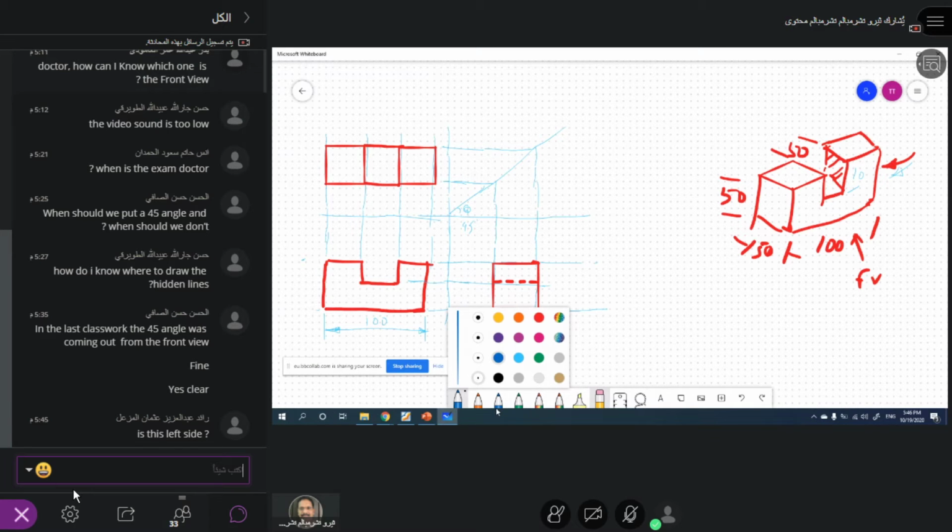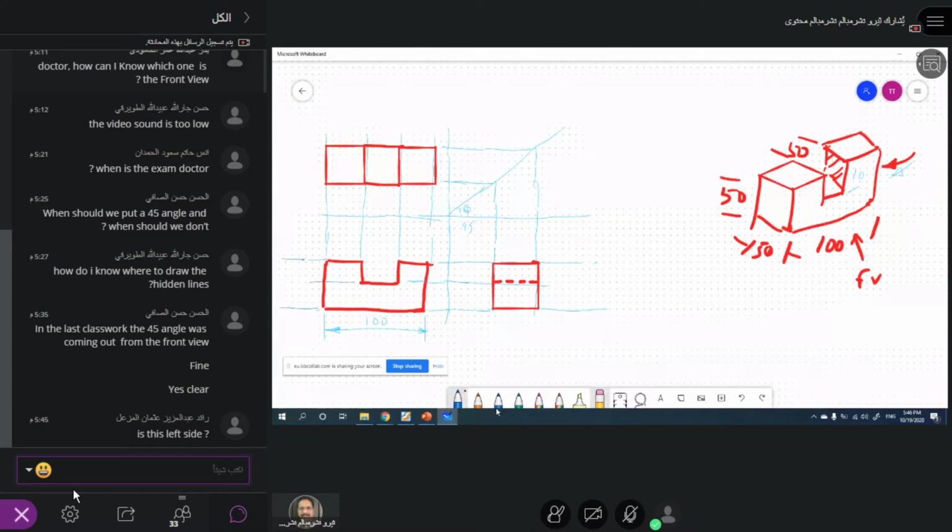So this height, which is hidden. This hidden line can be extended here, and this can be extended also. Then this is 10 millimeters, so this is 10, and this height is 50, and this is 100. 50 and 10 is here, so you don't need to worry about this.